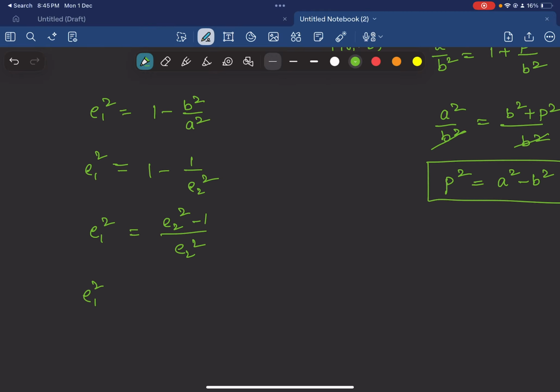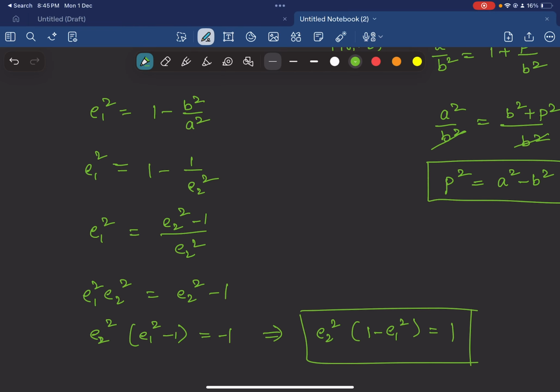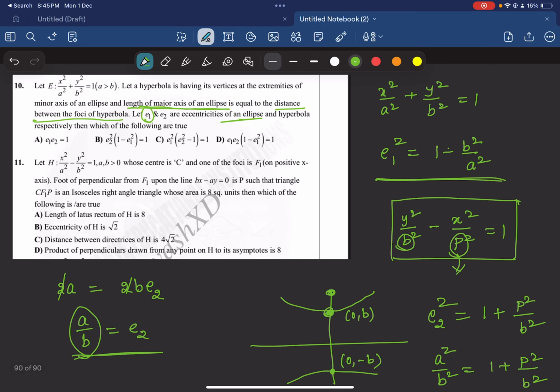So E1 square E2 square equals E2 square minus 1. E2 square multiplied by E1 square minus 1 equals minus 1. So therefore this is simply E2 square into 1 minus E1 square equals 1. So option B is correct.